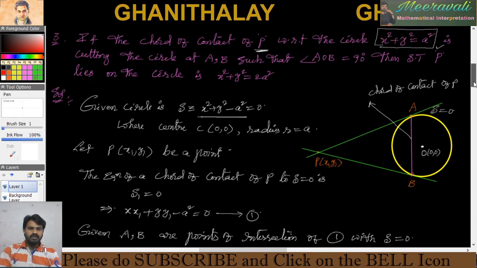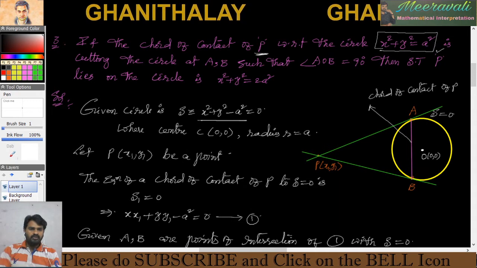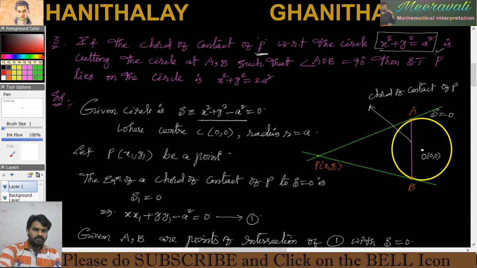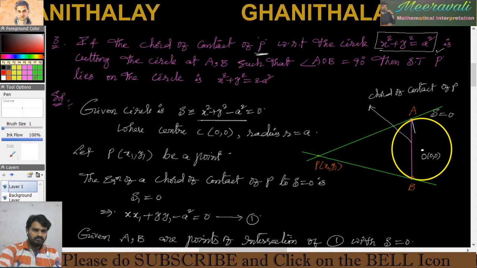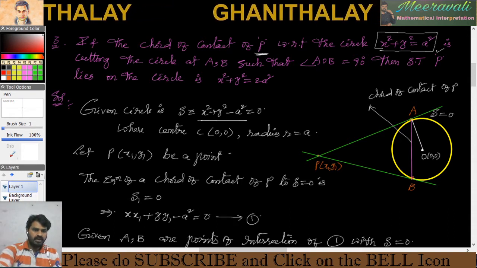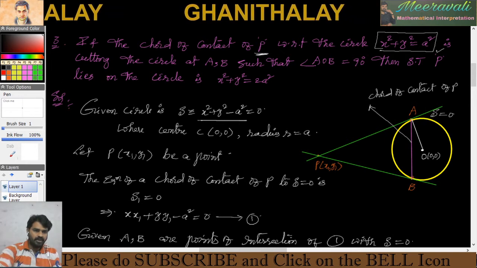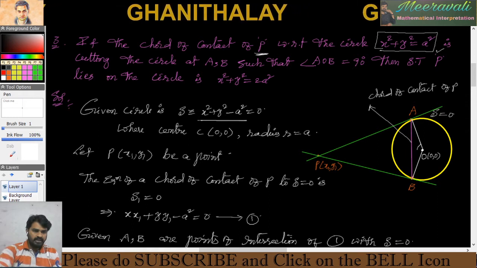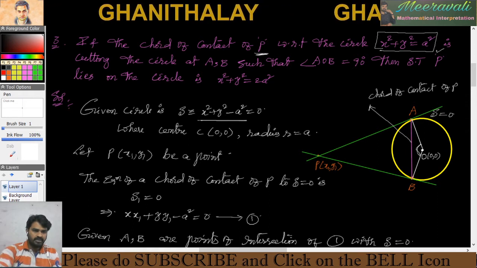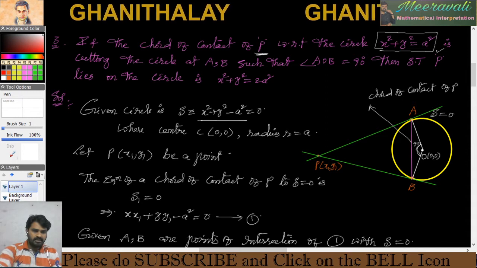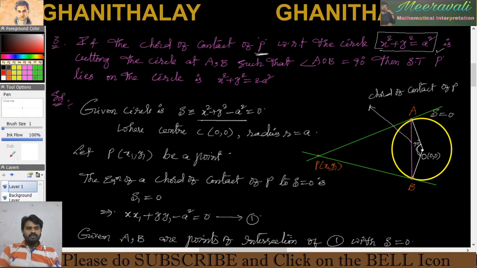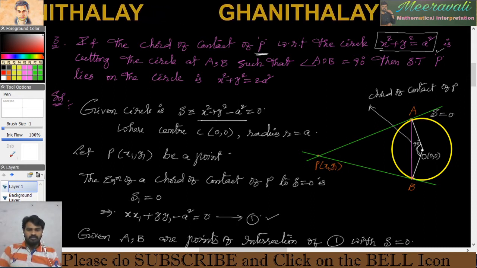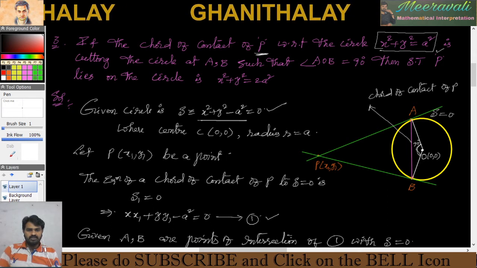Also given here is angle AOB is equal to 90 degrees. That means by joining A to the origin and joining O to the point B, the angle will be 90 degrees. So we have to homogenize the circle equation with equation 1.